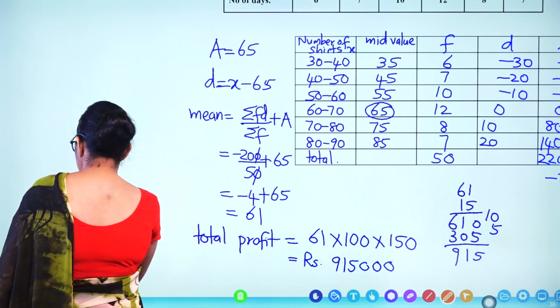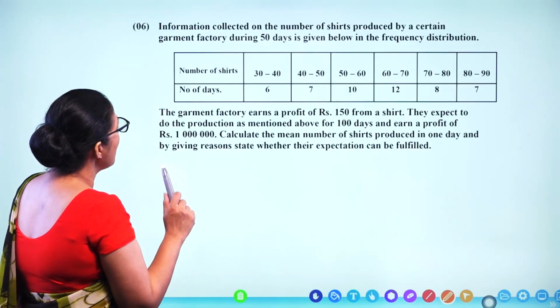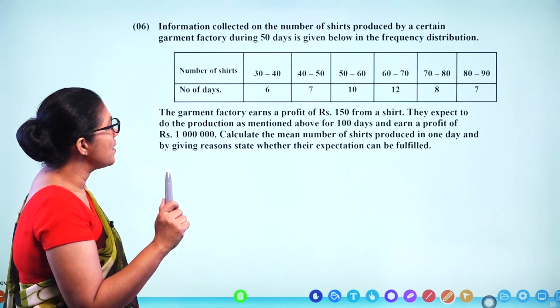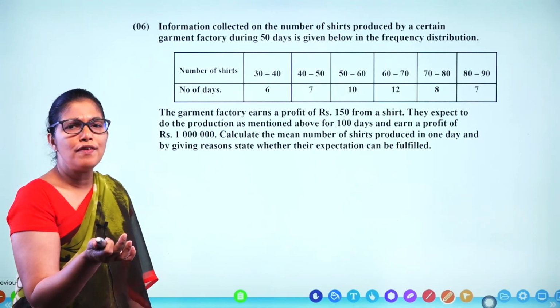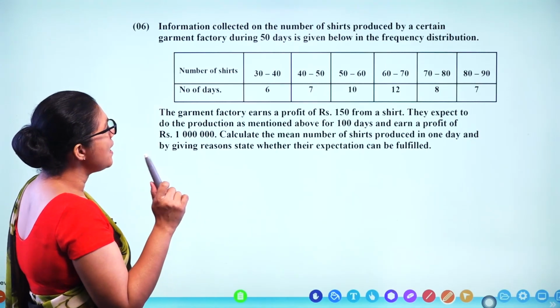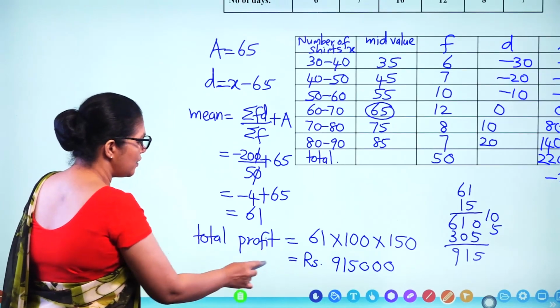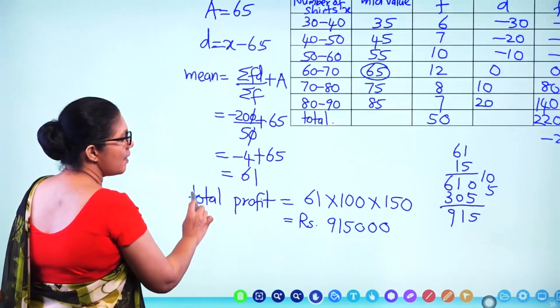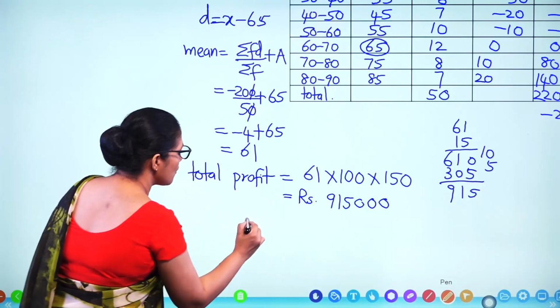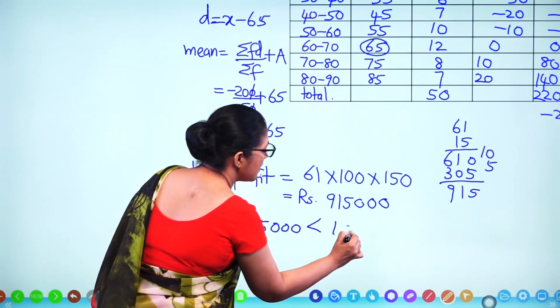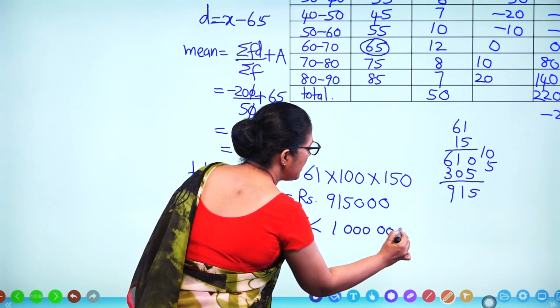So what happens here? It says calculate the mean number of shirts produced in one day and, by giving reason, state whether their expectation can be fulfilled. So they want 1 million. So not fulfilled because it's less than 1 million. 915,000 is less than 1 million.